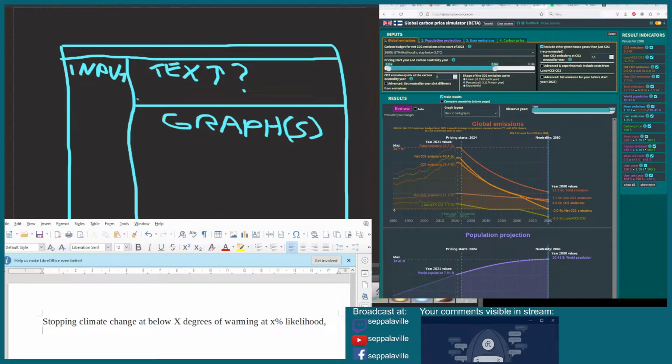So that's why I think it would be nice to have this text that illustrates it, and then you can make the connections in the text.